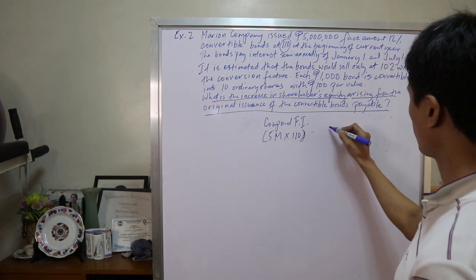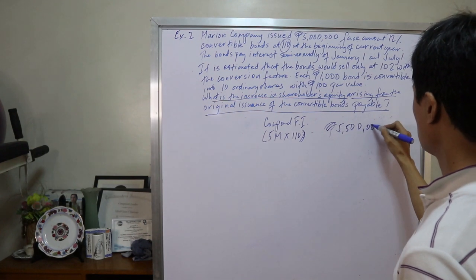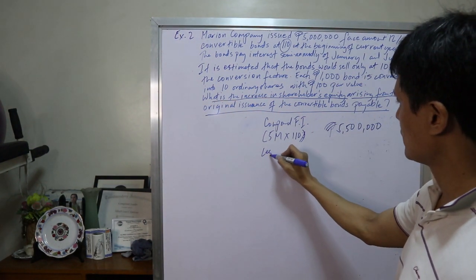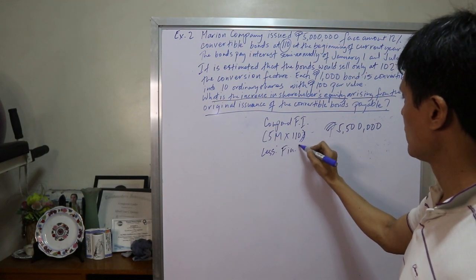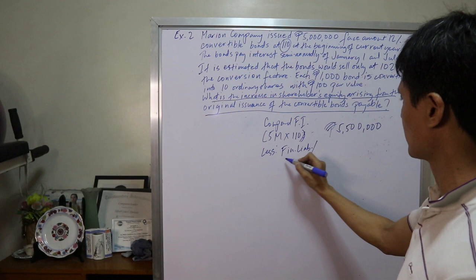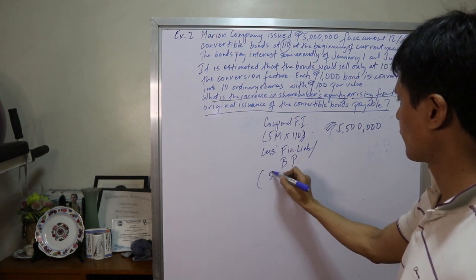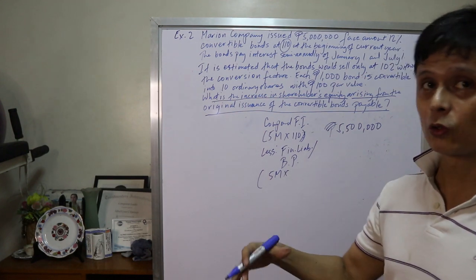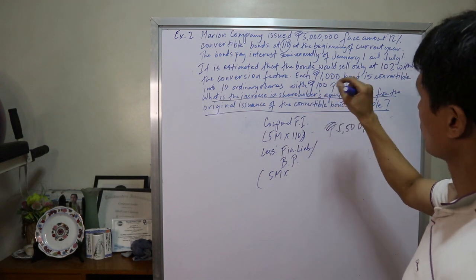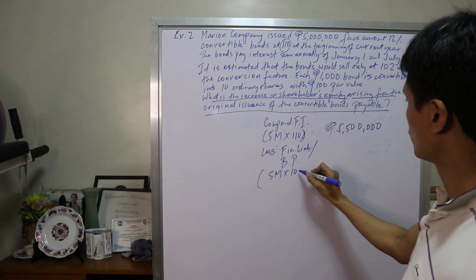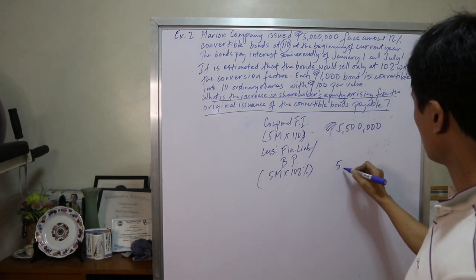This would be 5,500,000. And then yung less natin dito yung financial liability or yung bonds payable. So the bonds payable is 5 million, excluding the conversion feature, it would be 102%. So this would be 5,100,000.